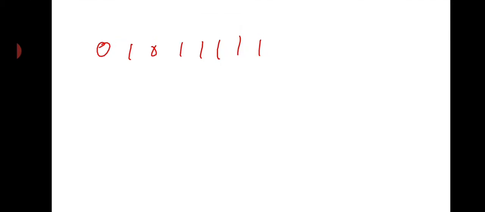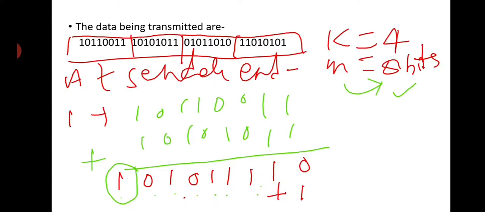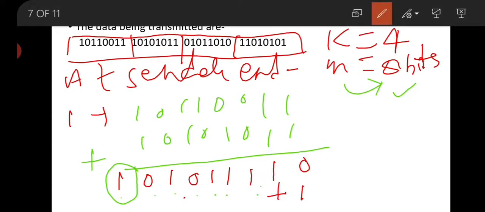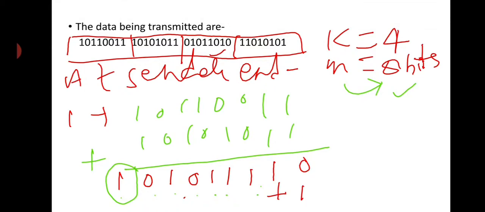Now check the number of bits: 1 2 3 4 5 6 7 8. Now again the third data unit is going to be added to the final sum.